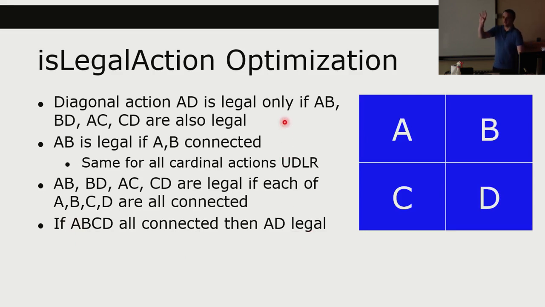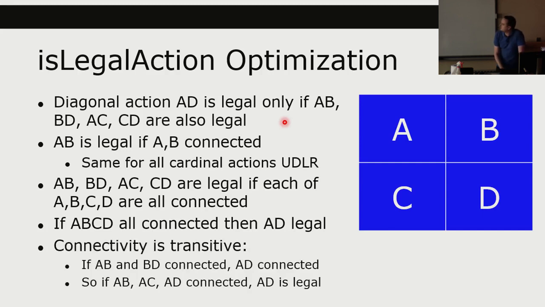However, that's 4 if statements, right? To check those two, those two, those two, and those two. But because connectivity is transitive, if AB and BD are connected, then I know that AD is connected. So all I need to check is if AB, AC, and AD are connected. By transitivity, I have the 4th one, and so it's 3 checks to see if the diagonal action is legal.